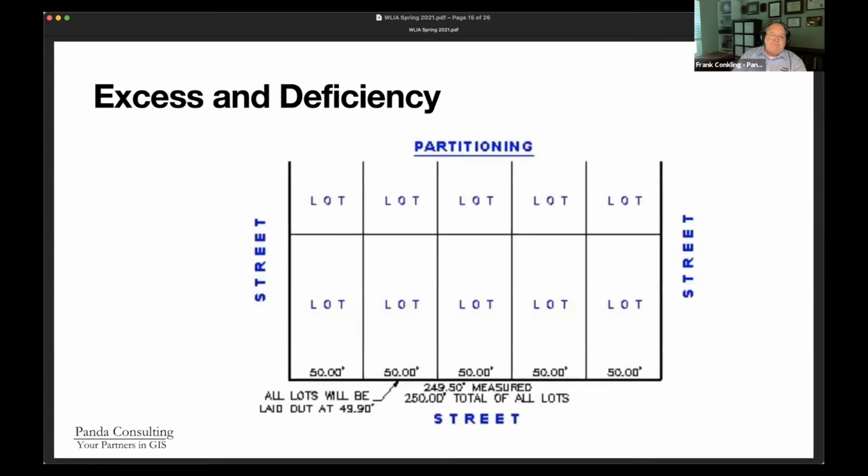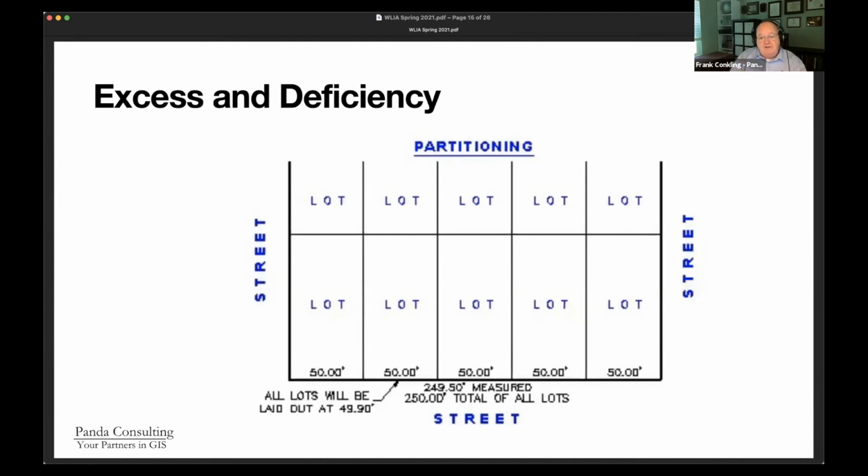All right, so excess and deficiency. When we look at this simultaneous conveyance, we have these lots along this block that are all called out on that graphic as being 50 feet wide. But when we actually go out there and measure it, it doesn't measure out to 250 feet, which should be the total of those; it measures out as 249 and a half.